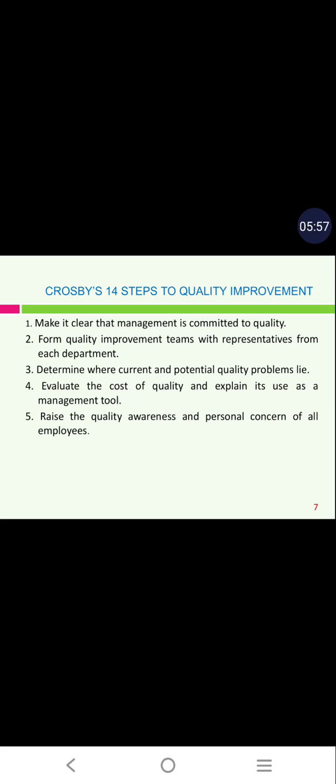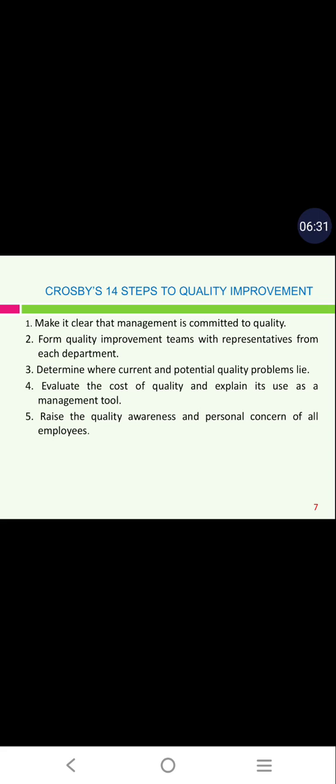That means the management also should be involved in the quality process, and they need to give a commitment that they will be giving good quality products to their customers. So the first step is that the commitment should be from the management side. The second one is form quality improvement teams with representatives from each department. So the second step is the quality improvement team, like a quality council or quality team.